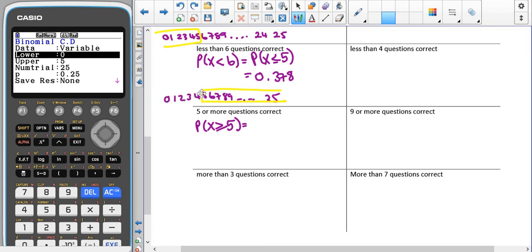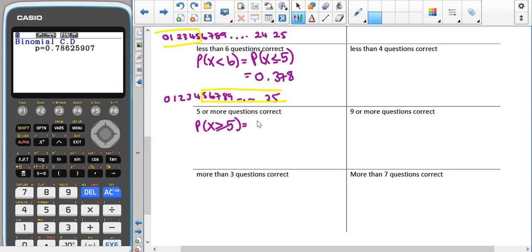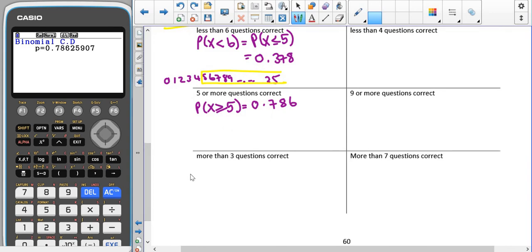So here, 5 is the lowest value we want, so our lower is going to change to 5. The biggest value that we want is 25 out of 25 trials, and the probability is 0.25. So we end up with 0.786.